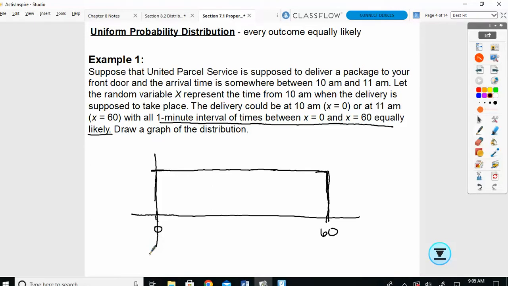1. So if we think about this, how long is my rectangle? 60. Okay, so I have to take my total probability of 1 and divide it between the length of my interval. 60 minus 0. It ends at 60, it started at 0. So what's the probability? 1 over 60.